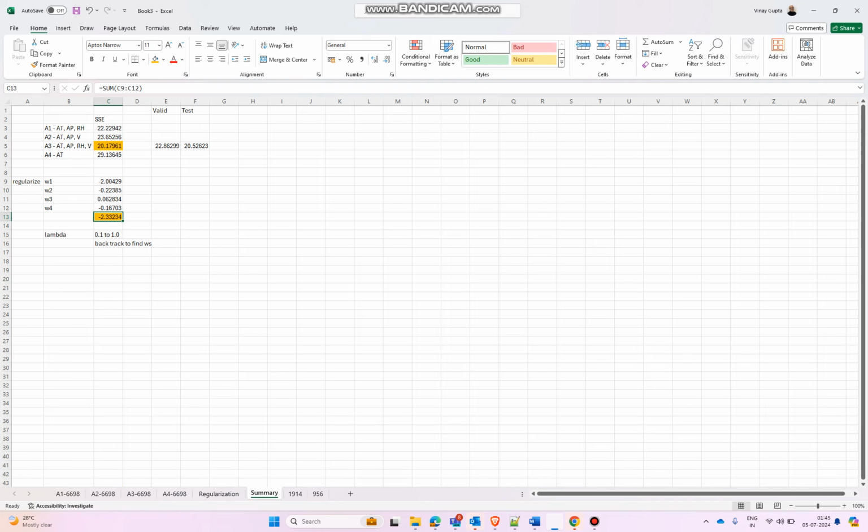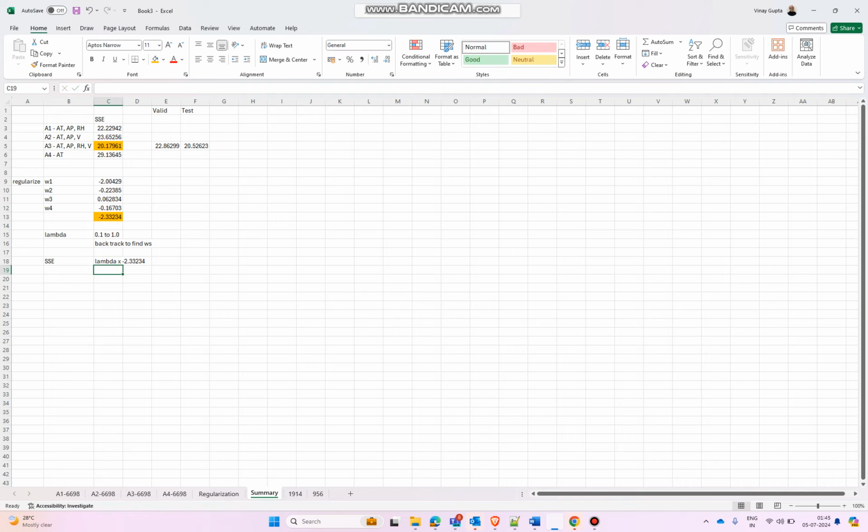To create a regularization penalty, we need to also select a lambda and add it to our cost function. So the way it goes is you take lambda and multiply it with, let's say, the minus 2.33234 I get over there.